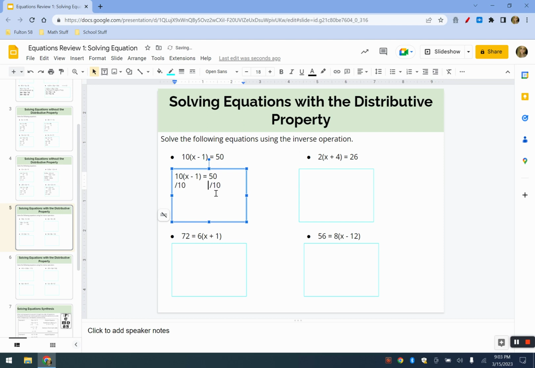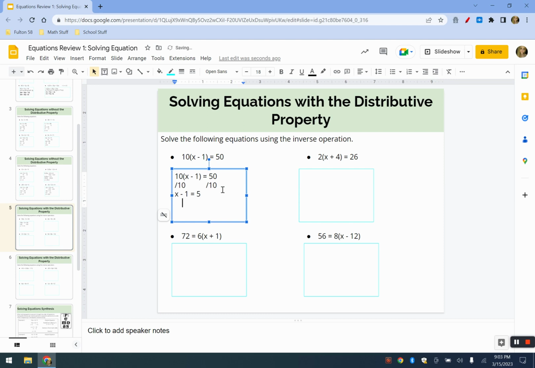I don't know, just one less step to do. So for example, when I divide, I'm left with x minus 1 on the left, and then 50 divided by 10 is 5. So now I have the equation x minus 1 equals 5, and off the top of my head, I know that this is 6.